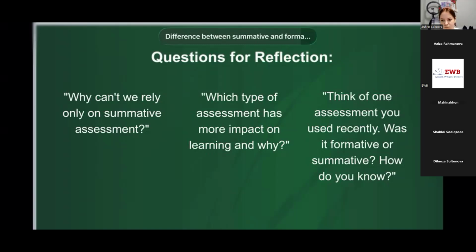Oh, someone is writing in the chat to understand students' level. To understand students' level, what do you mean by it?